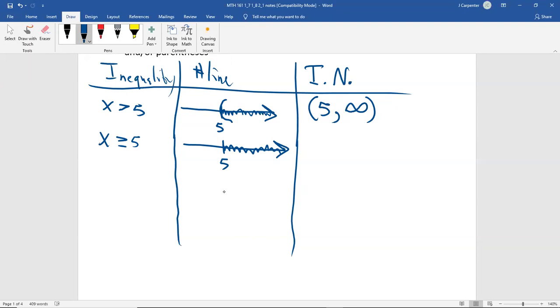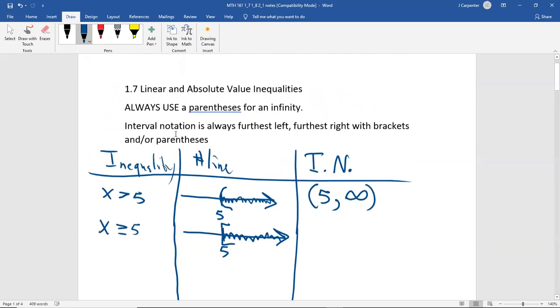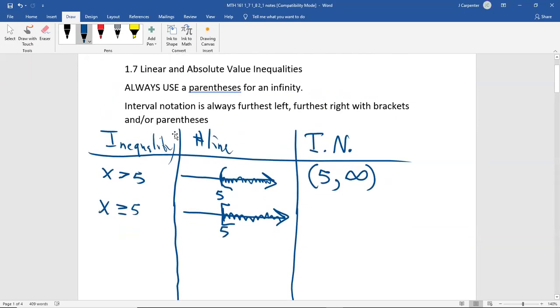Now, because it has the or equals, that means that number is included, and the bracket is the symbol for including a number. If you are more familiar with the circle method, this would have been a shaded circle. That is still an important idea to have because it will be used in 2 dimensions, as I've already said. We'll get to that another day.